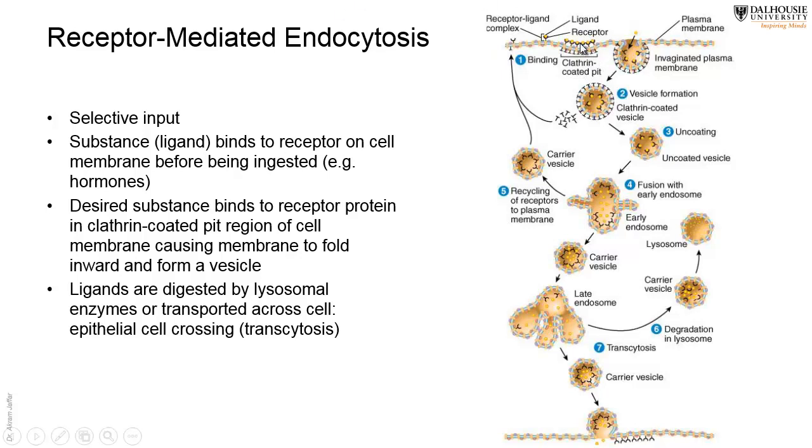And the ligand, the substance, will be attached to the receptor protein, and the membrane will become invaginated and will form the sac. So the sac will be coated with clathrin. Clathrin was on the inner surface, but when the sac forms, the sac will be clathrin coated.